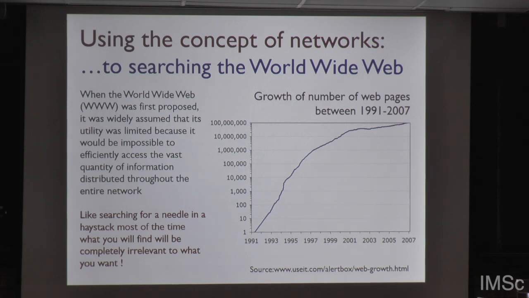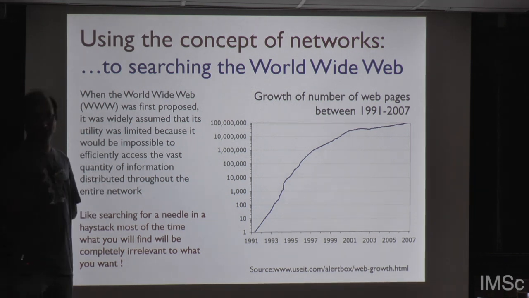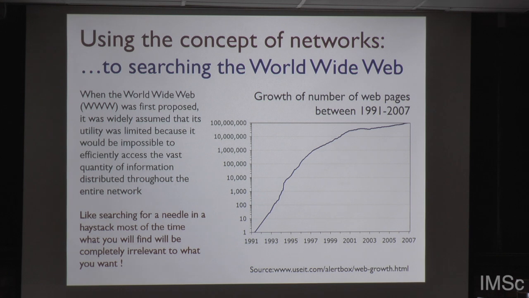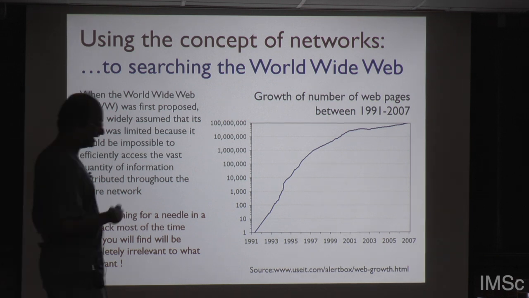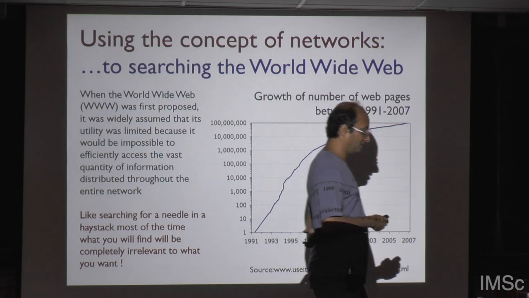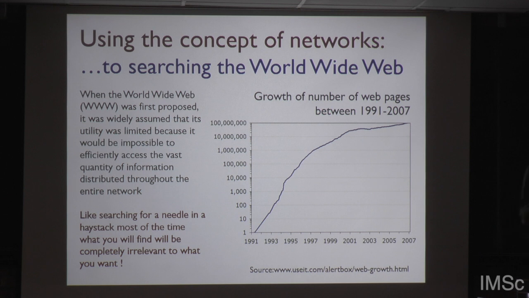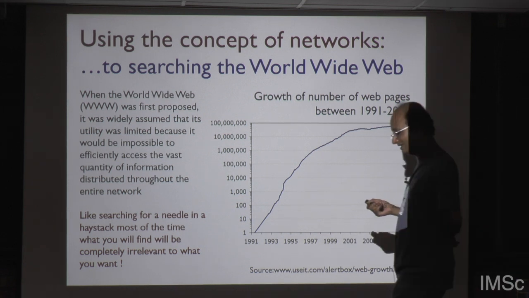Suppose you want to find a very specific piece of information which is located in one particular page, but the total number of pages that constitute this web is just increasing exponentially. So in such a situation, it's simply not possible to keep some kind of manually curated list of keywords through which you go in order to find something that you're interested in. So it's like the proverbial searching for the needle in the haystack.